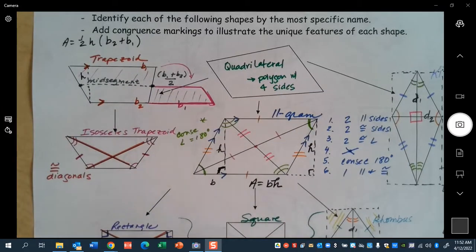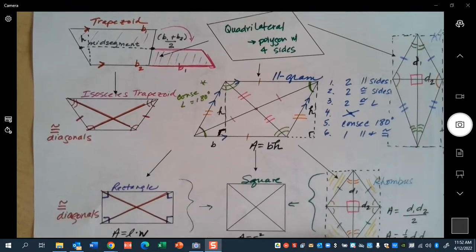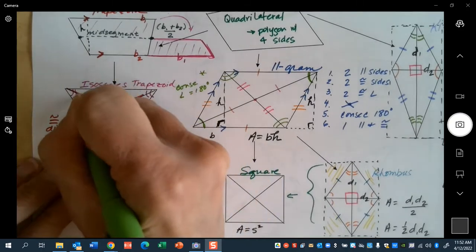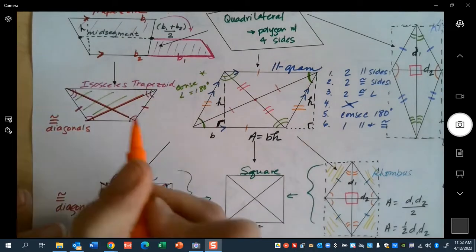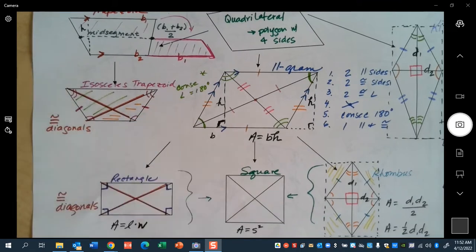Now the interesting thing here is we haven't talked about triangles yet. So if we take a trapezoid and instead of dividing it and making it into a parallelogram, I want you to think about making it into 2 triangles. Do you see my green triangle? And do you see my orange triangle?